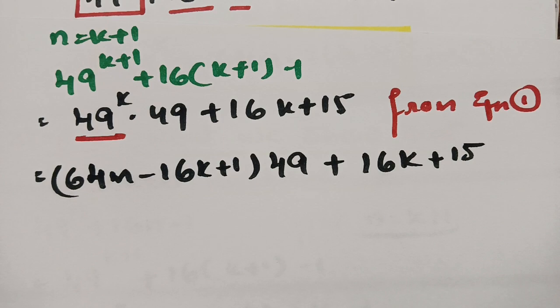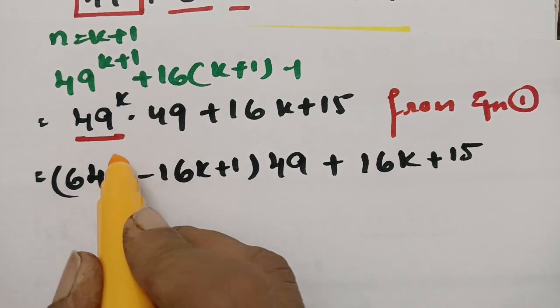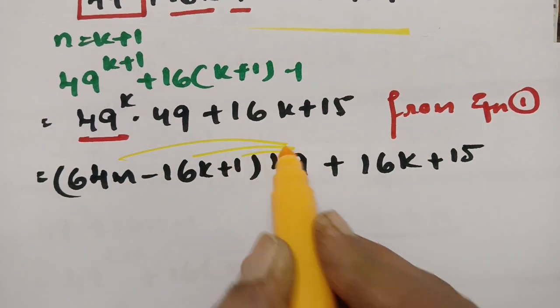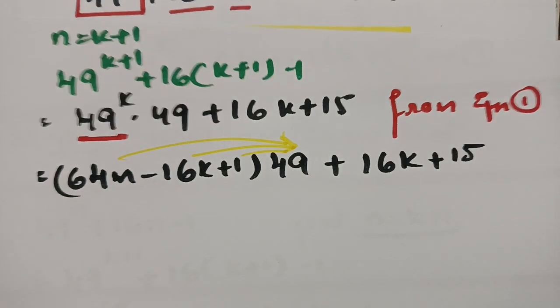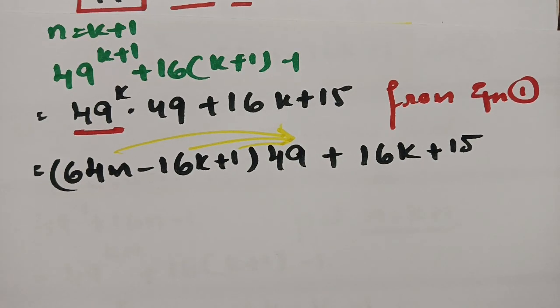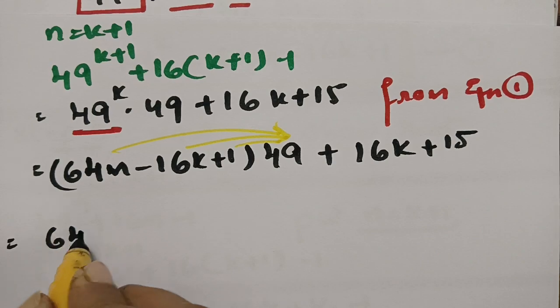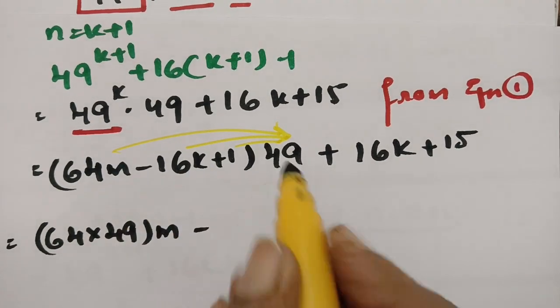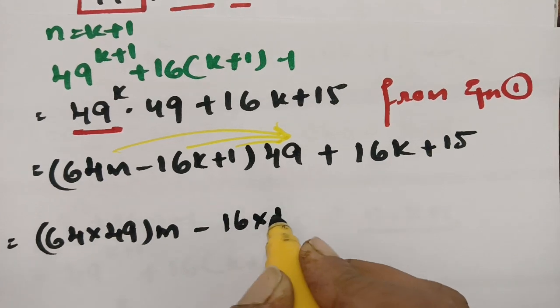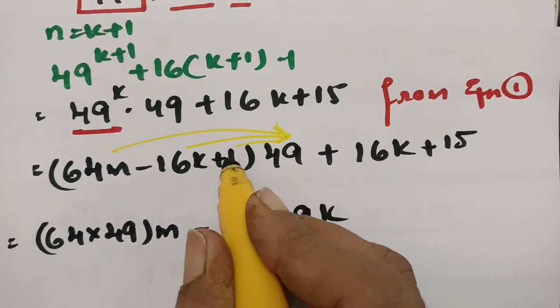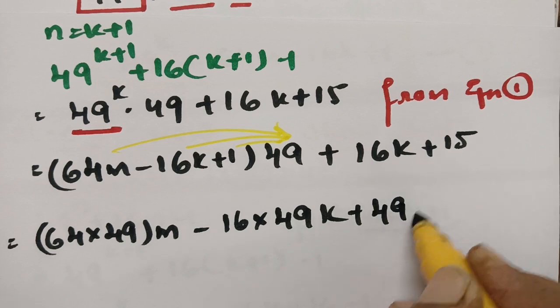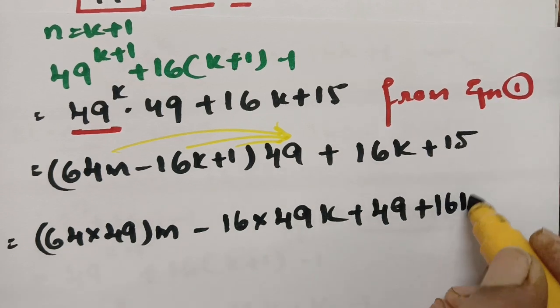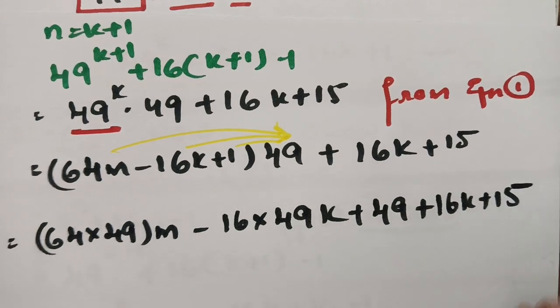Now I am going to multiply each and every term with 49. So this will be 64 into 49 into m minus 16 into 49 into k plus 49, plus 16k and 15.